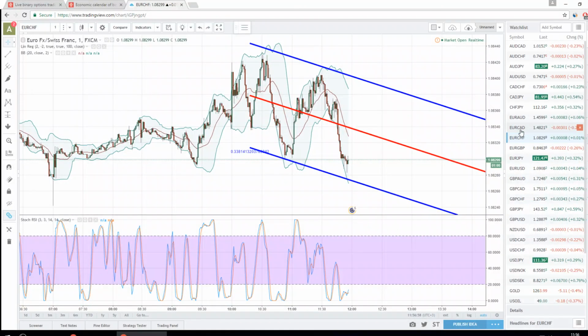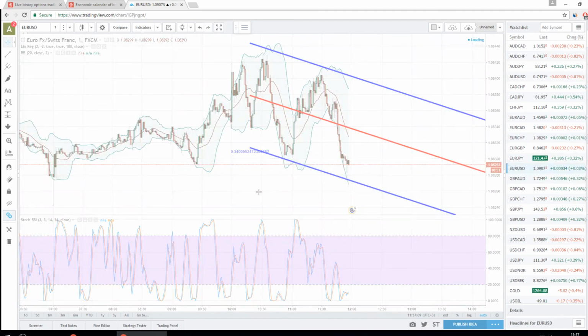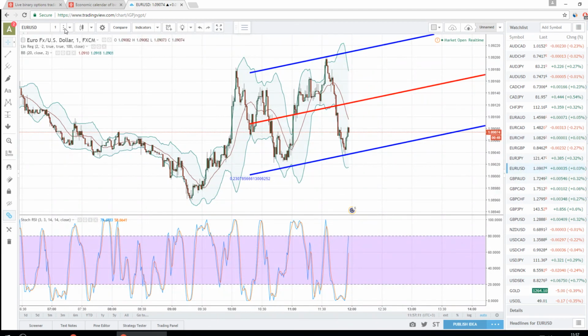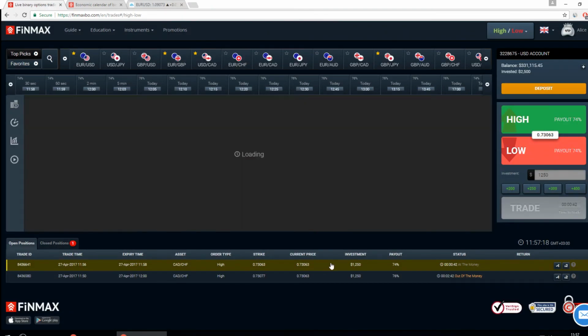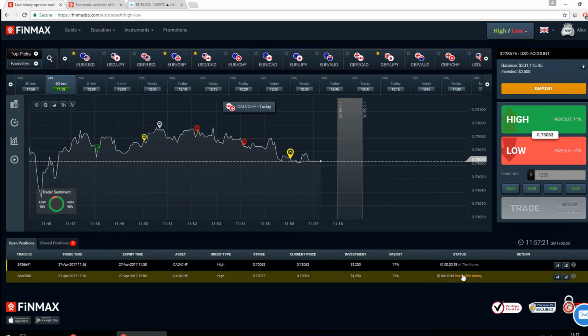Let's see what we have on euro to American dollar. As far as I see, I didn't trade on this asset. One of the most important and most popular assets on the market right now. Okay. We need just one pip up in order to make a profit on this trade.